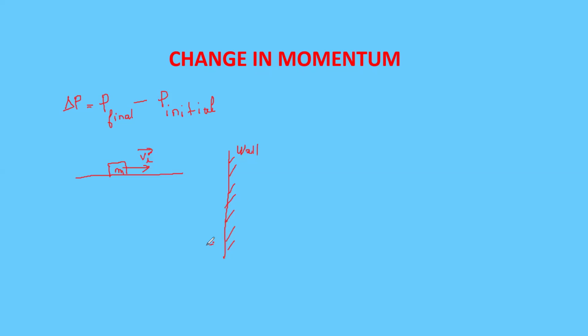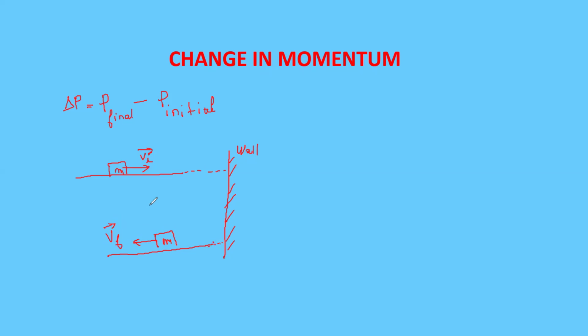This is the final situation. The mass m will return to the left with a final velocity. So it bounces off the wall, and after that it will be returned to the left.